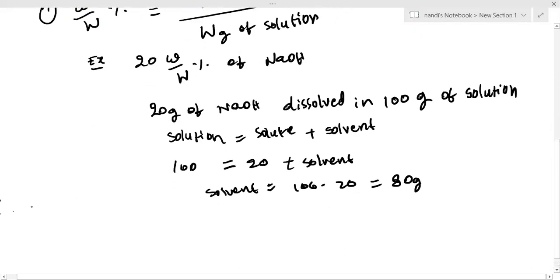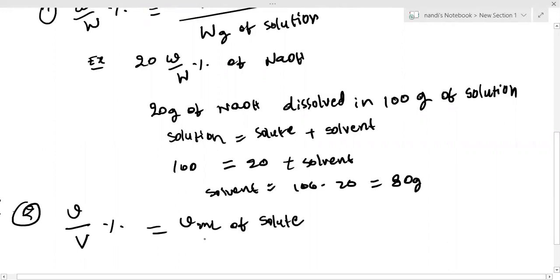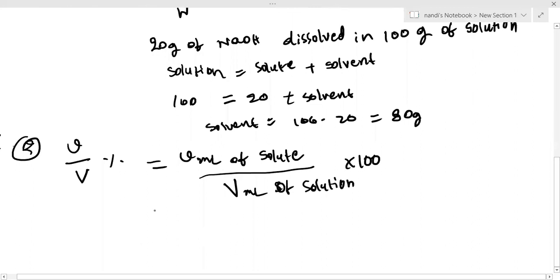And the second one, V by V percent. V ml of solute dissolved in V ml of solution, into 100 because I'm taking a percentage. We are not following the exact book definition; how to utilize these formulas is what we are doing directly.